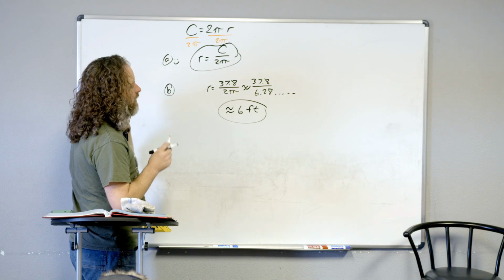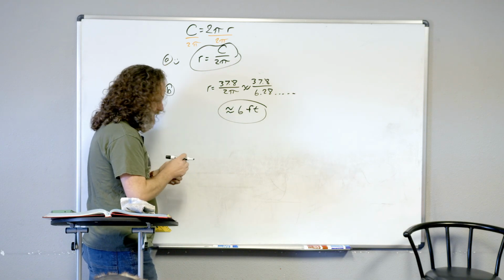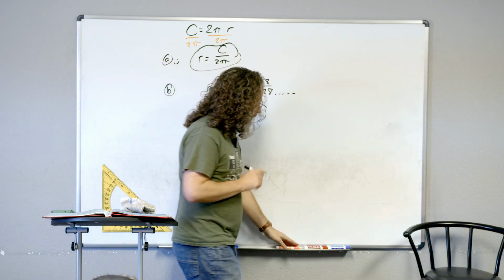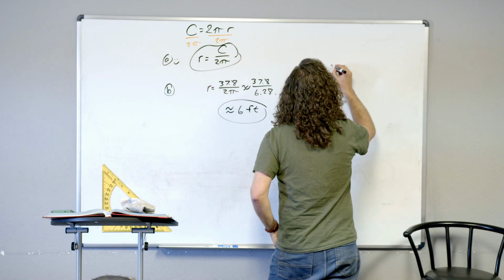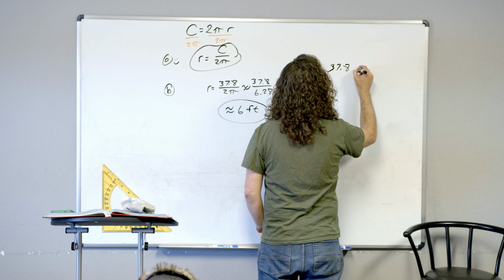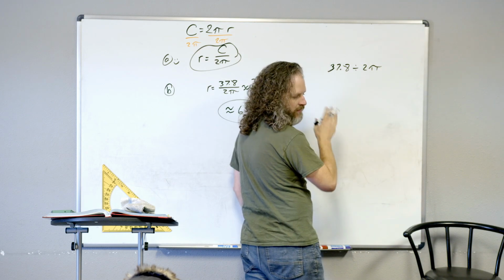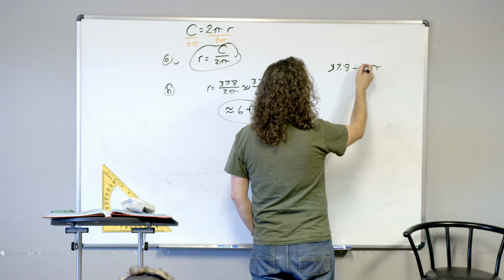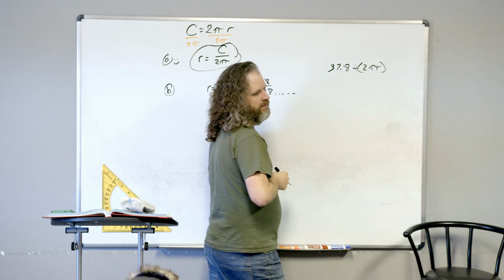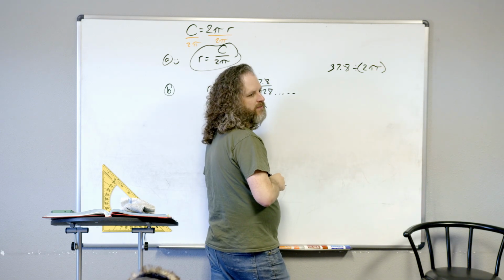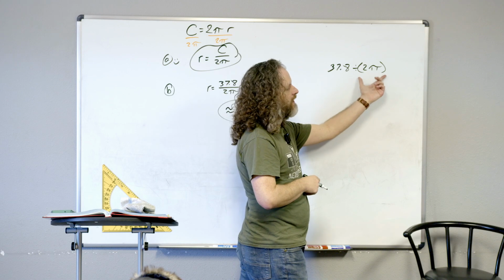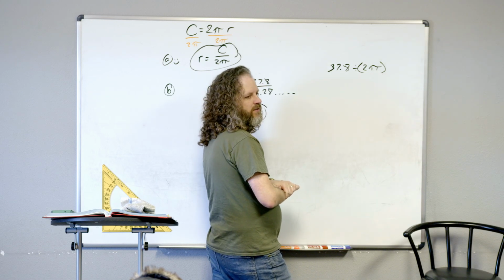The reason I'm asking is because I know what you did wrong. What you punched in your calculator was 37.8 divided by 2 times pi, right? You've got to do this, because it's divided by that whole thing. So if you put parentheses in your calculator, it'll give you the right answer.